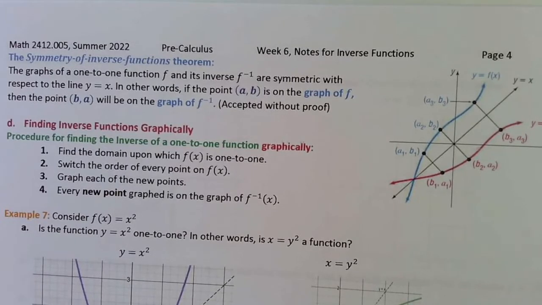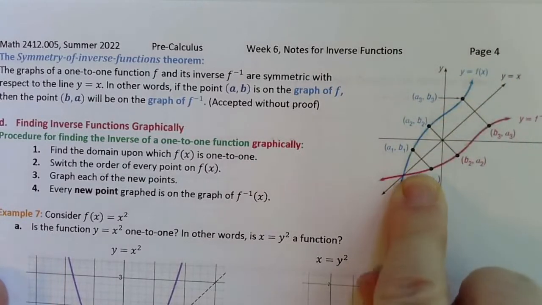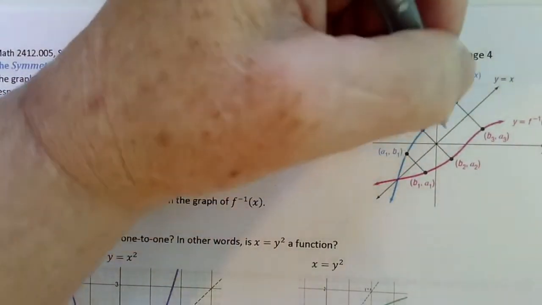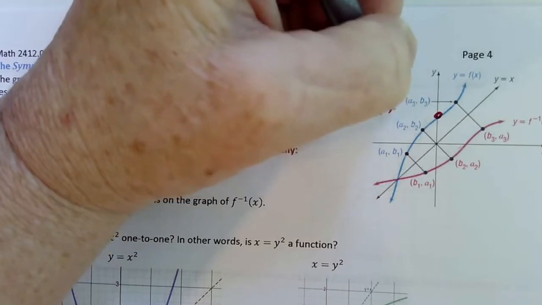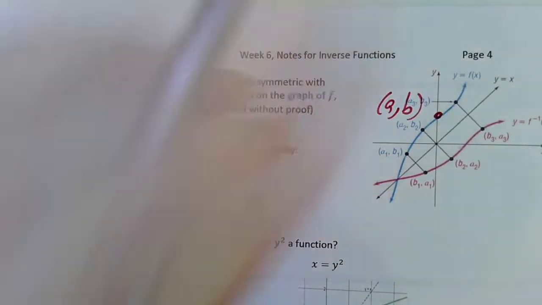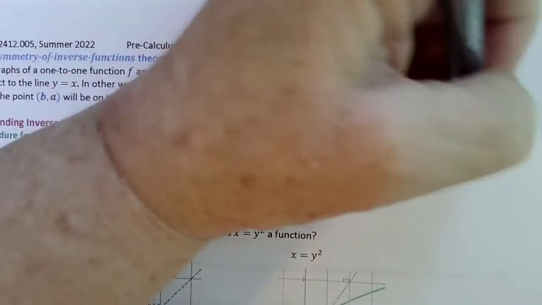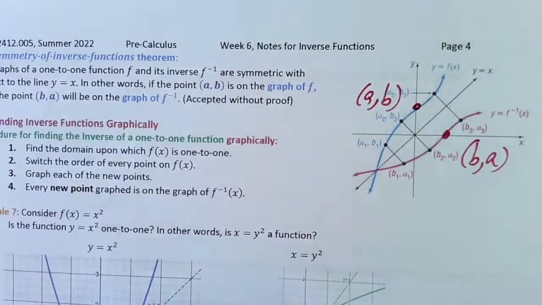There's a theorem called the symmetry of inverse functions theorem that is really powerful and amazing. And it says, focus, that if I have the graph of a function, and a typical point on this graph is a comma b, then any point on the inverse function will have to have the point b comma a.